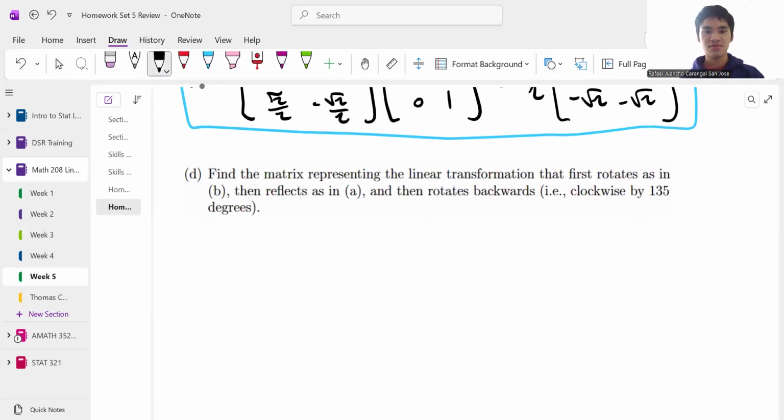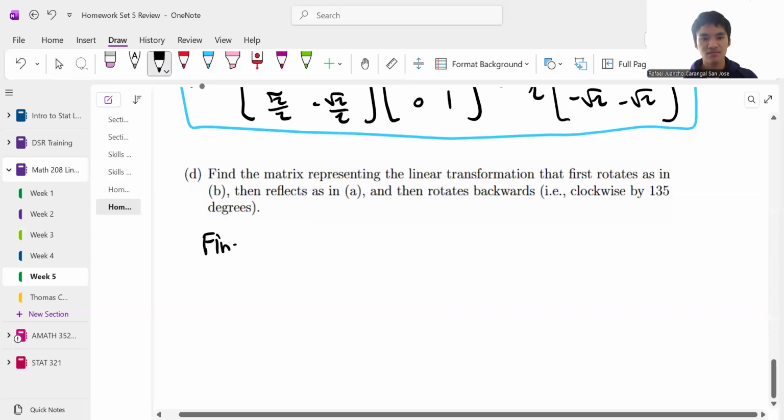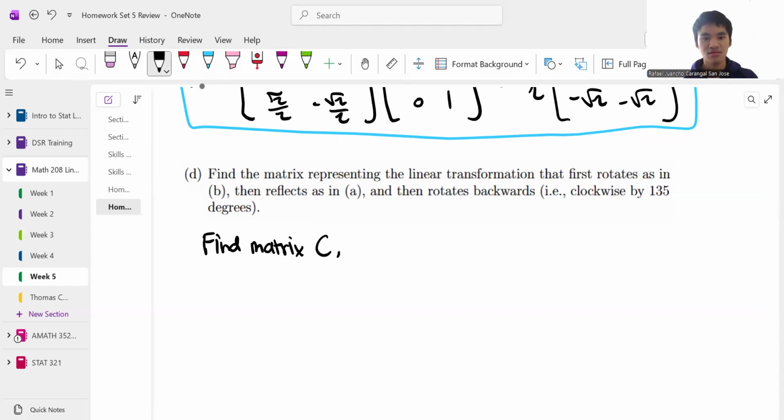So the thing about this one, we want to find a matrix representing the linear transformation that first rotates and then reflects and then rotates backwards. So we want to find matrix C that rotates.